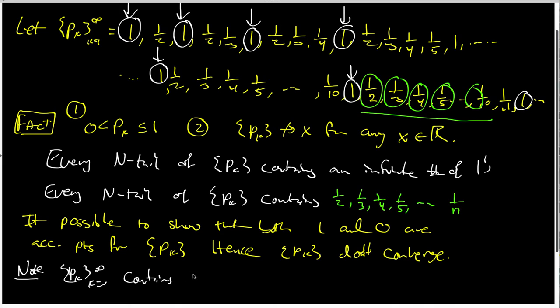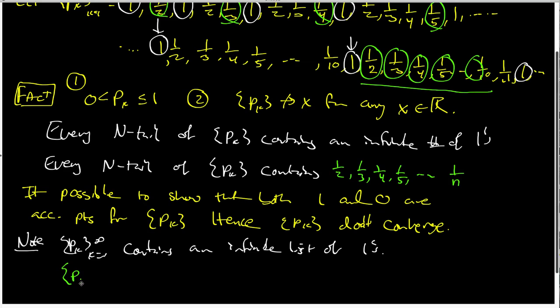contains an infinite list of 1s. But the sequence also contains this 1/2, this 1/3, this 1/4, this 1/5, and so on. In other words, I can also clearly find, notational problem there, I should read k goes from 1 to n.